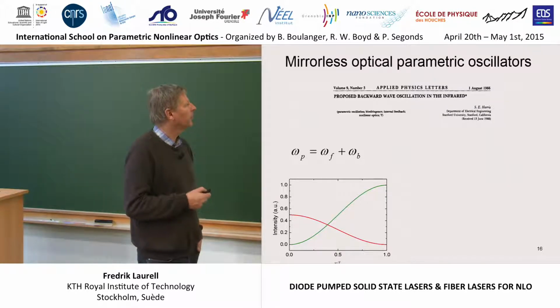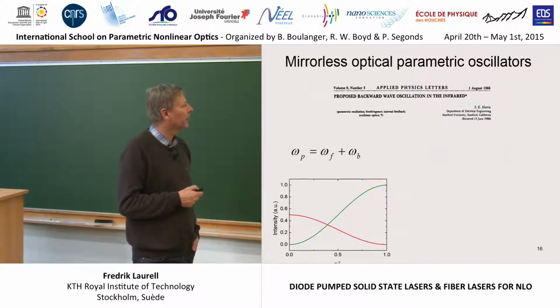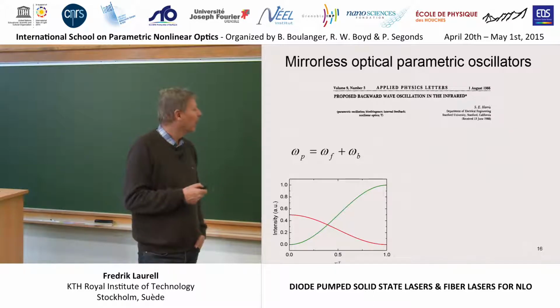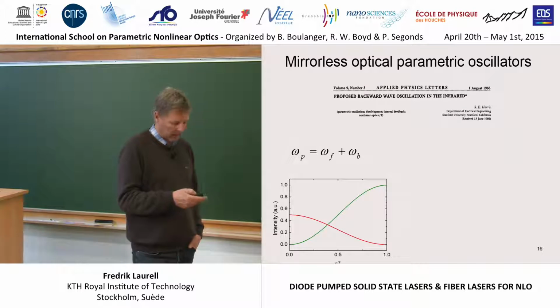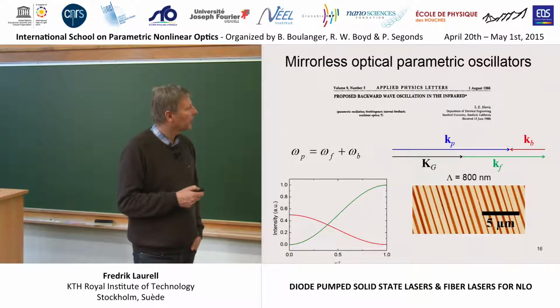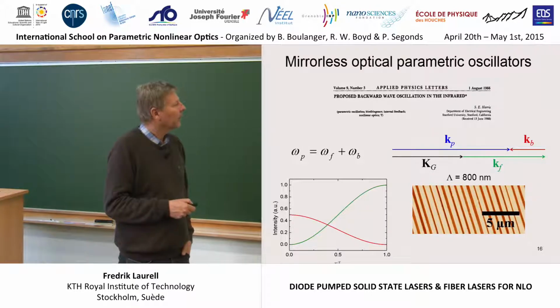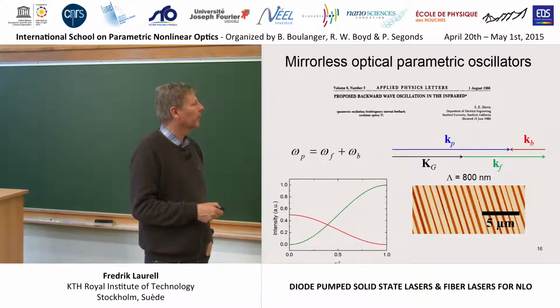It was also proposed a long time ago by Steve Harris that you can, the same way, make parametric devices. And then, for example, you can send the idler or the signal in the backward direction. So if we pump such a crystal, here is the pump, here is the idler going backward, here is the signal going forward, and here is the grating vector.